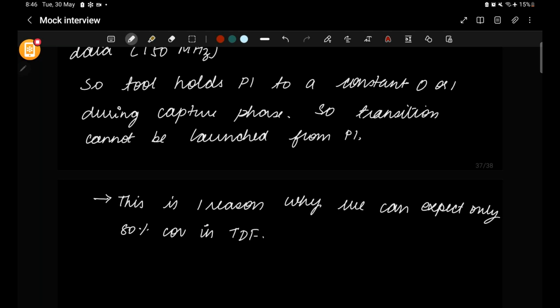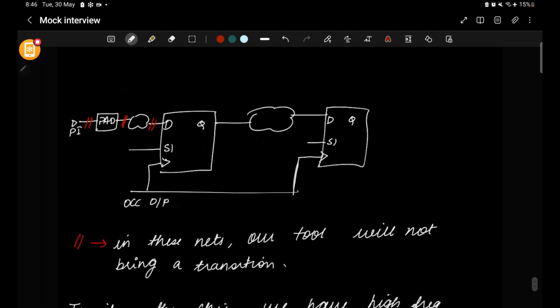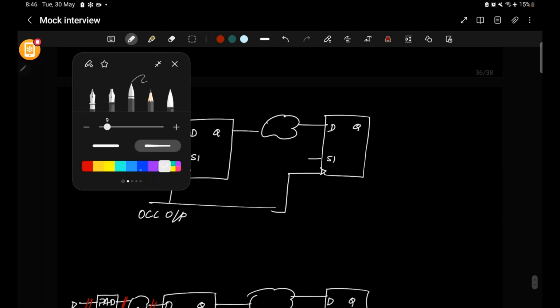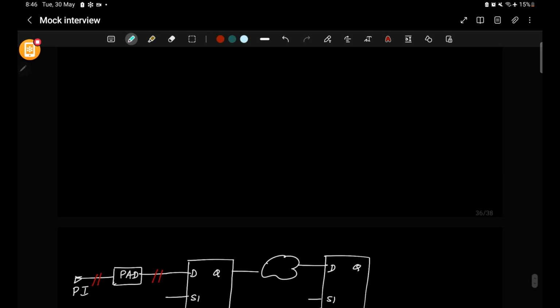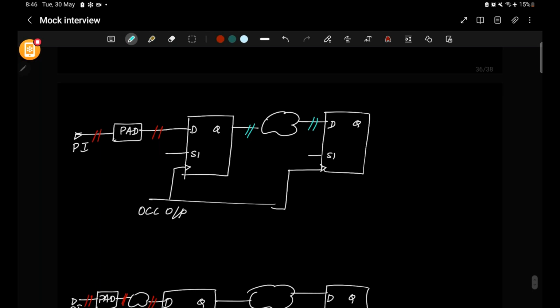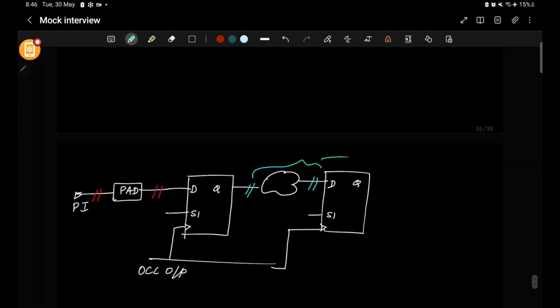But in these other places, the tool will be able to bring a transition.